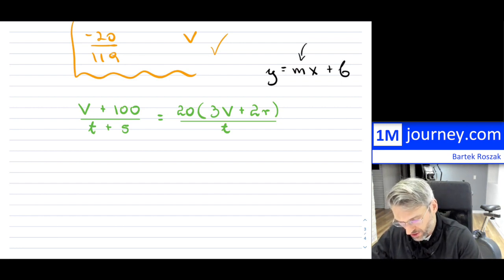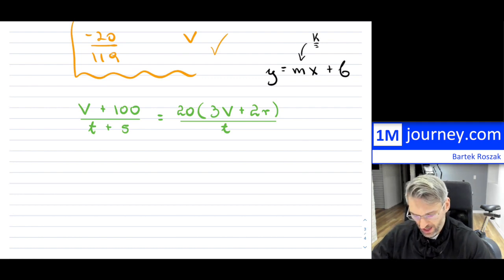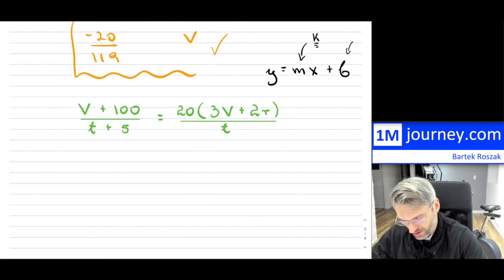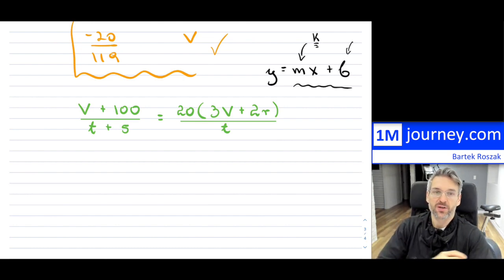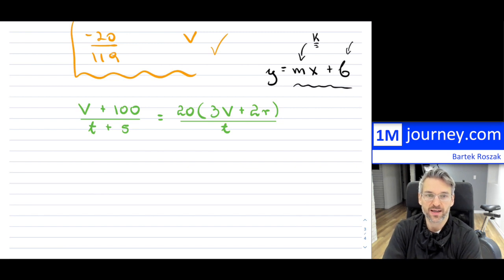The m is a constant, some kind of constant, sometimes we use k. And the b is also a constant. So this is the linear relationship between y and x. Now, if we cannot come up with this match, that means the relationship is nonlinear.